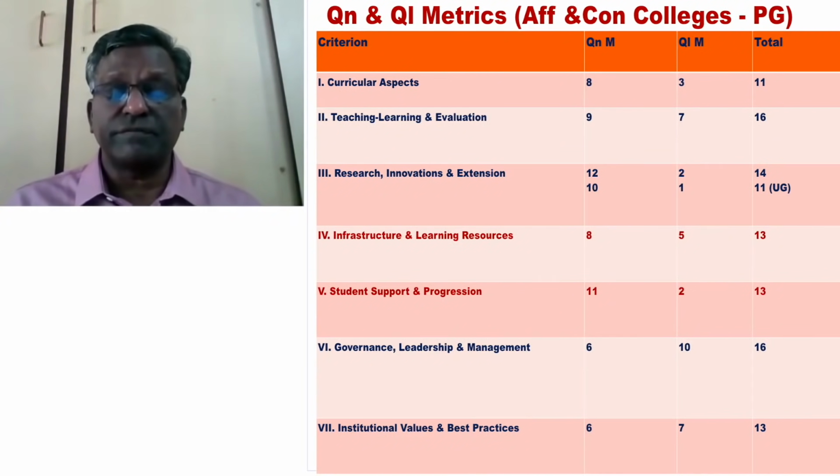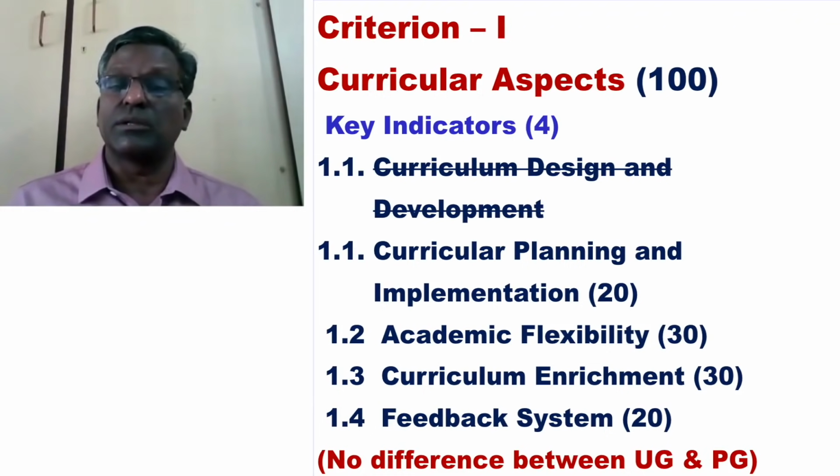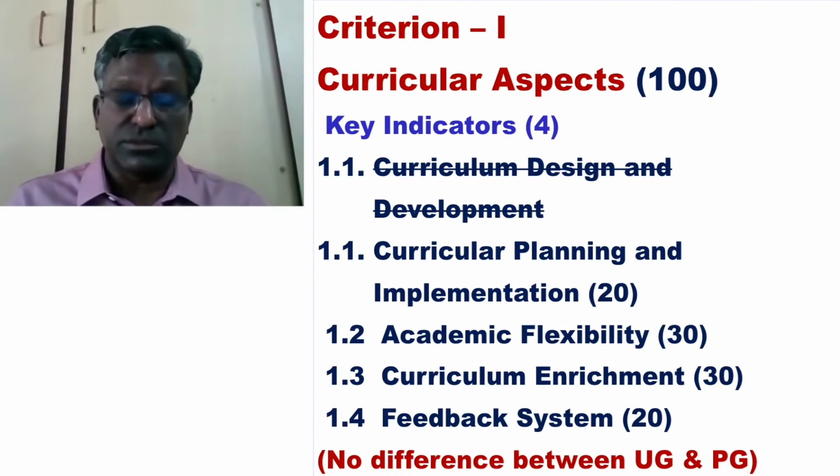So in the case of affiliated and constituent colleges with reference to criterion 1, there are 4 key indicators. 1.1, curriculum design and development, has been struck off because that applies only to universities and autonomous colleges which have the autonomy and the freedom to design their own curriculum. Now, this autonomy is not available to affiliated and constituent colleges.